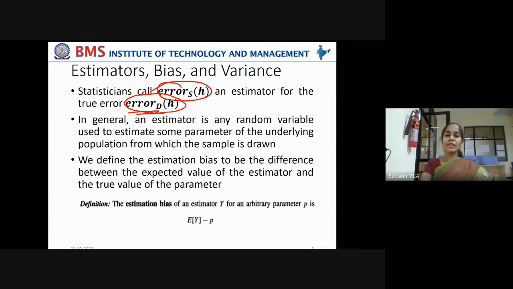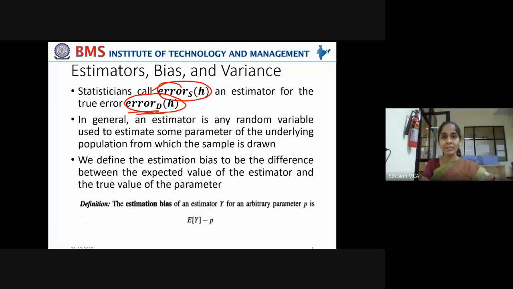Got it? Now, in general, an estimator is any random variable used to estimate some parameter of the underlying population from which the sample is drawn. You take the estimator as a random variable because when you are estimating the error of a sample, do you know in advance how much the error would be?